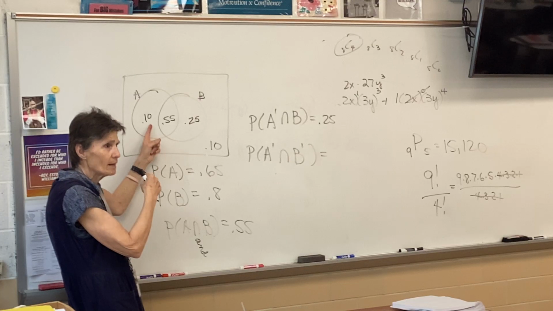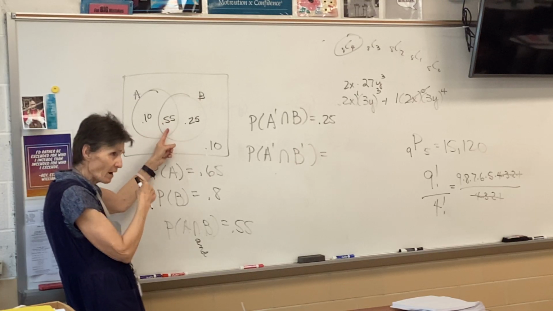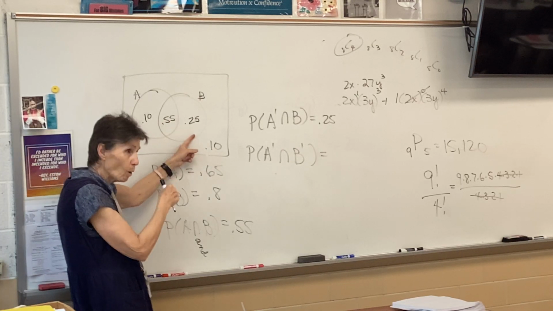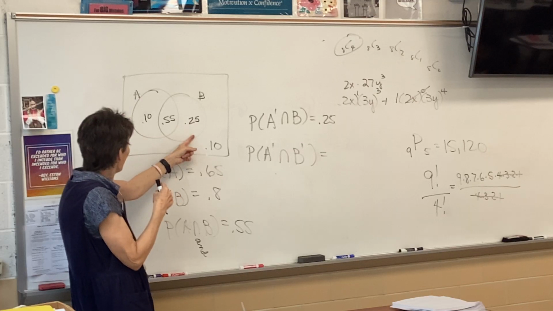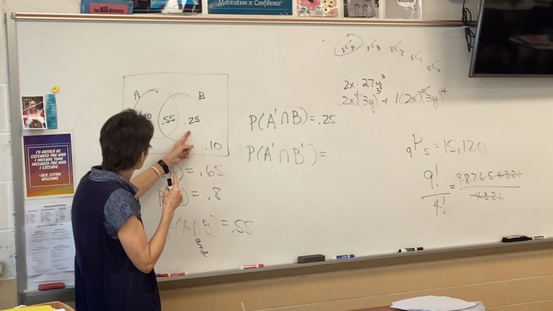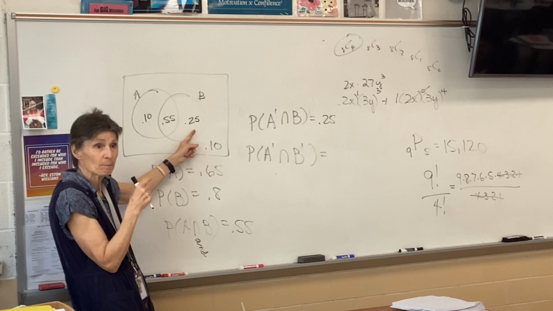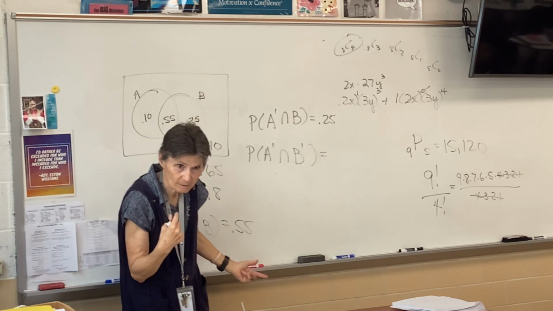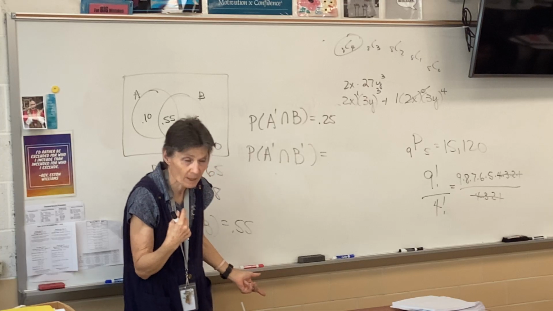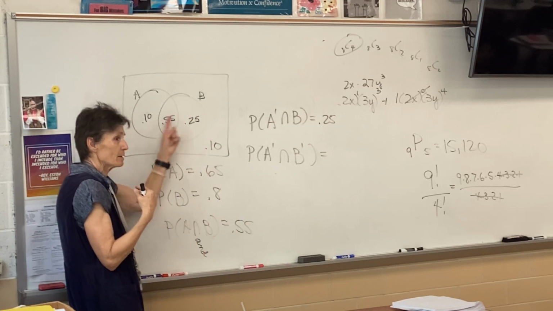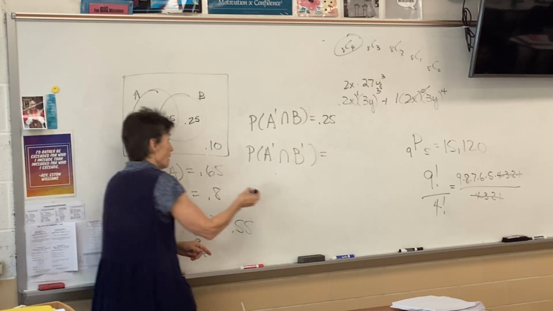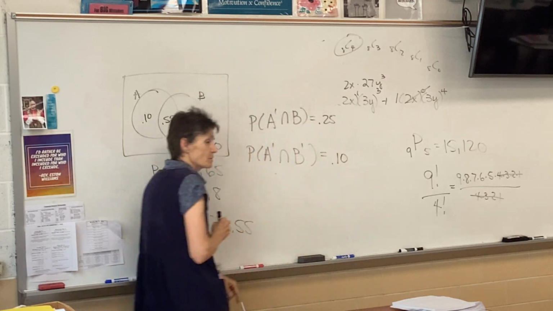Because 10% and 55% and 25%, oh wait, did I add wrong? That adds up to 90%. And how many people are there in the population? 100%, right? So 90% are in the circles, 10% are out of the circles.